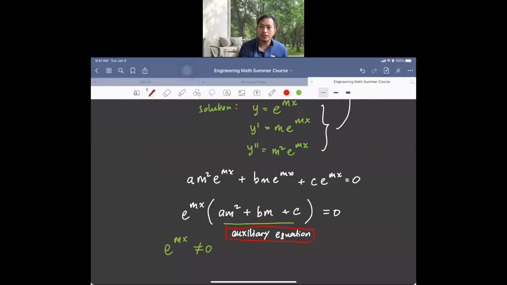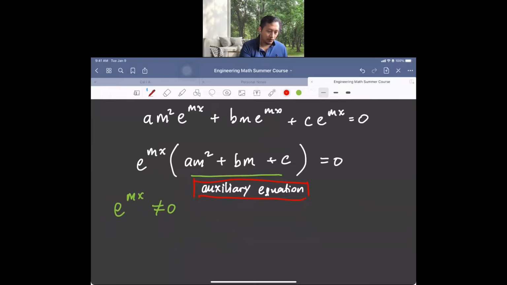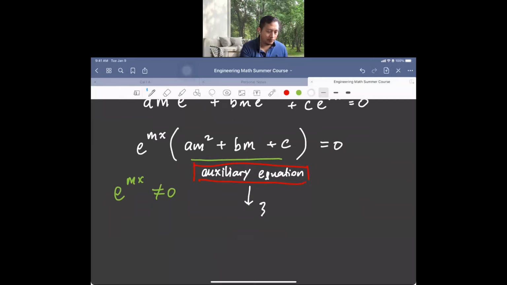And we can treat this equation like a quadratic formula. So we will have three cases from this equation.